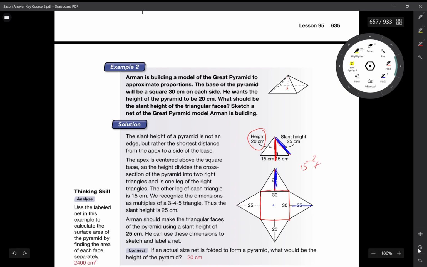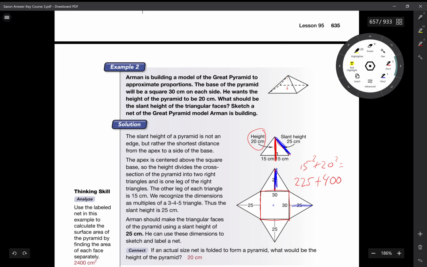15 squared plus 20 squared equals, all right, let me bust out a calculator here. Yeah, I can't do this in my head. Sorry. Maybe you guys could. 15 times 15 is 225 plus 20 times 20 is 400.